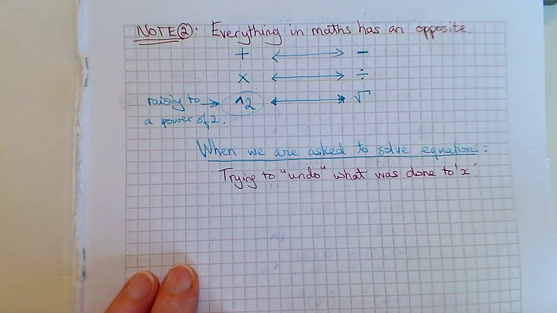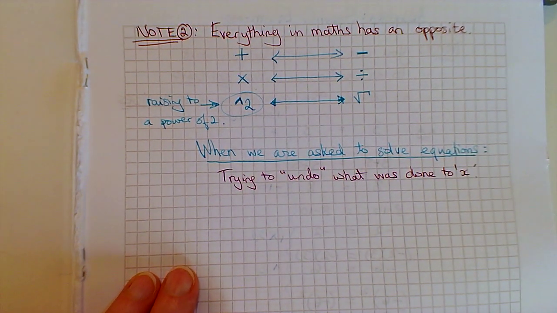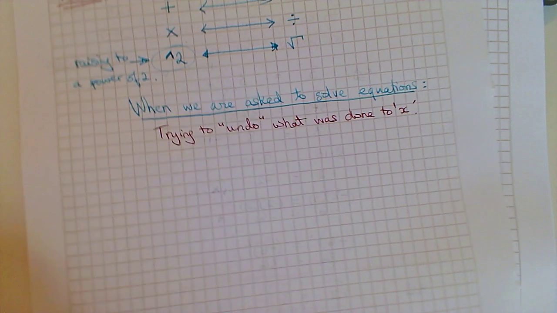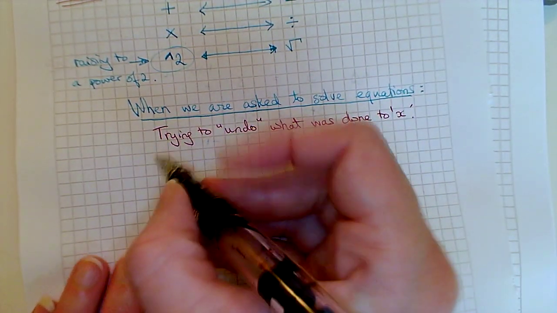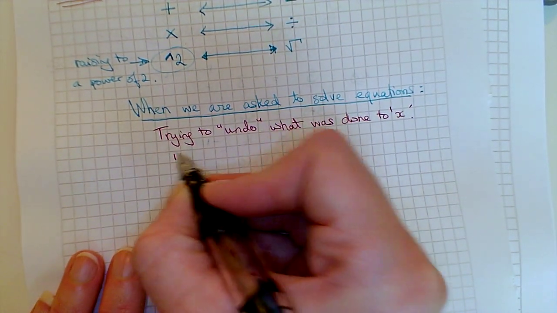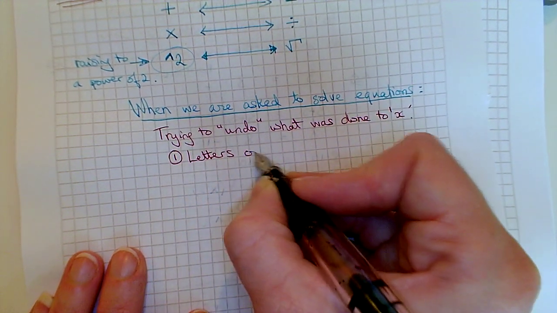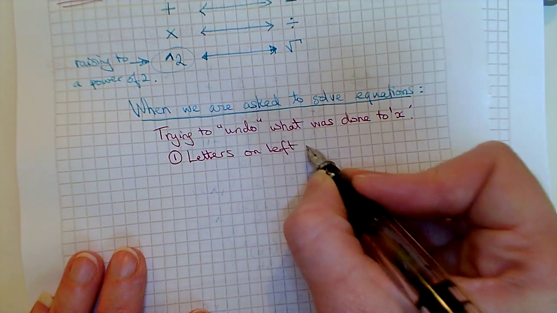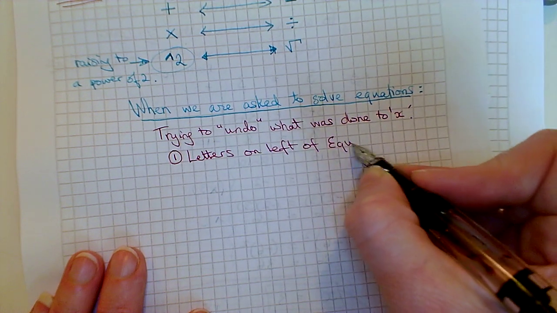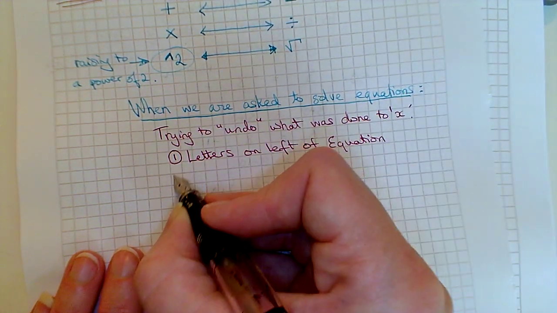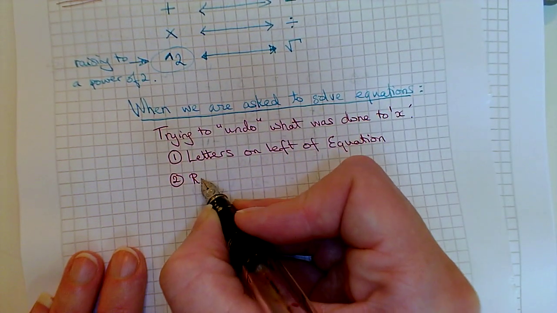Now I say x, but equations can use different variables. X is sort of our default. So what we do is we try to have our letters on the left of our equation. We try to have our numbers on the right.